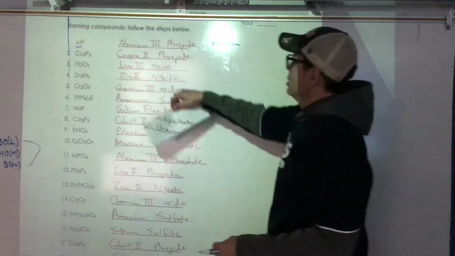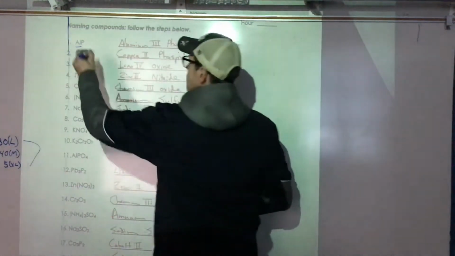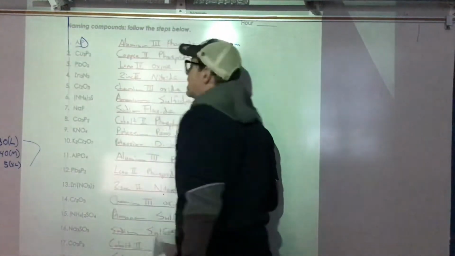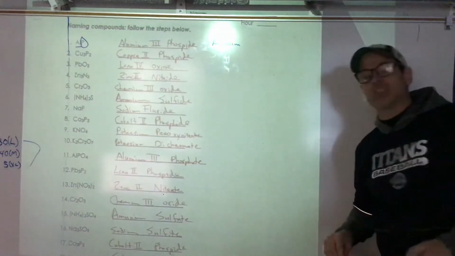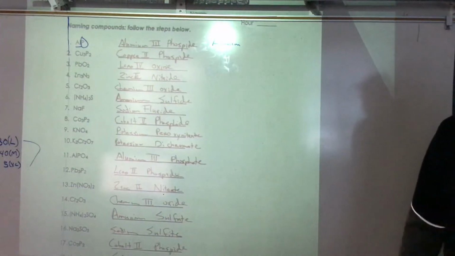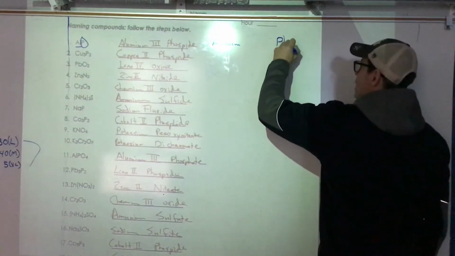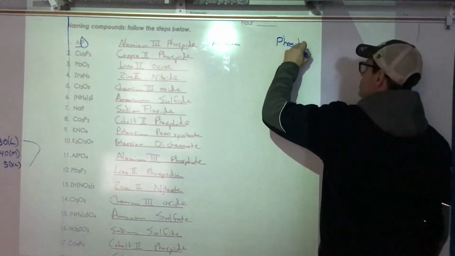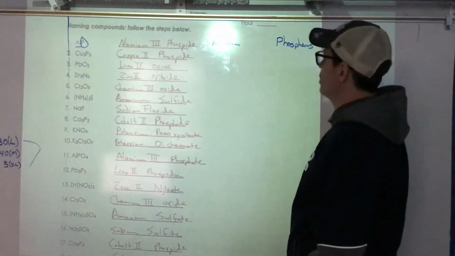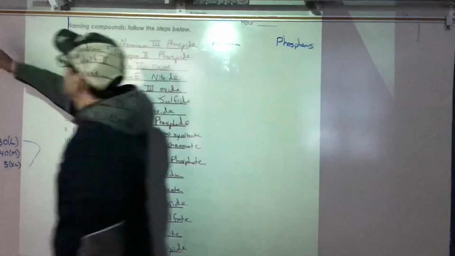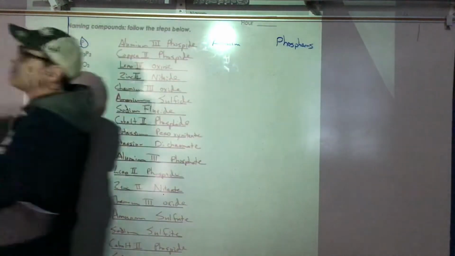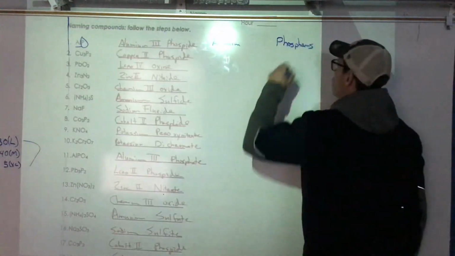So the biggest thing is there, then we look at the anion, the second element, and always, when in doubt, check the charge. So you look at your periodic table, and P we know is phosphorus. I probably spelled that wrong because I'm the best speller in the whole wide world. If we look at our periodic table, we notice in the column that phosphorus has a -3 charge.